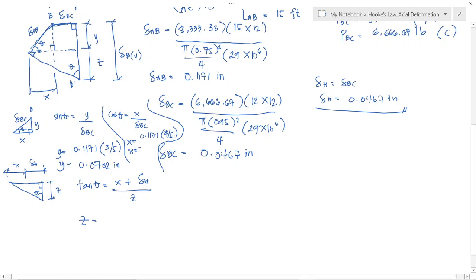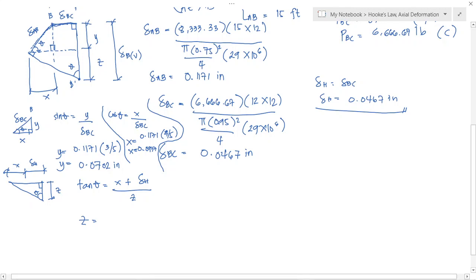So, yung x natin is 0.0937. Store lang natin yung value ng x.